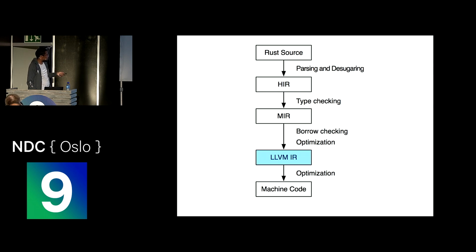And then after that, it's going to produce this intermediate representation that's actually defined by LLVM and pass it to LLVM. And then this part is now done in the LLVM backend. And this way, we are able to get the optimizations for free that LLVM does.